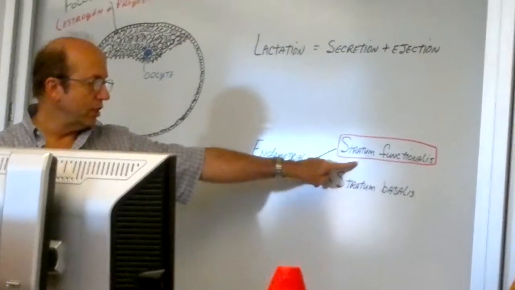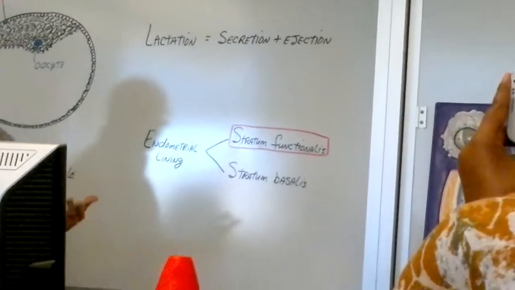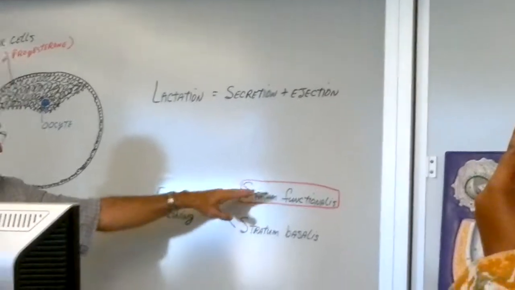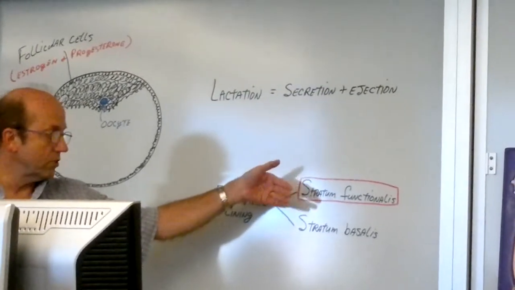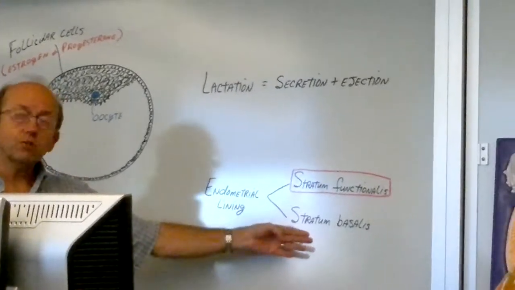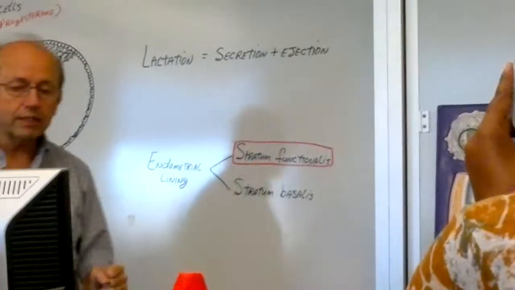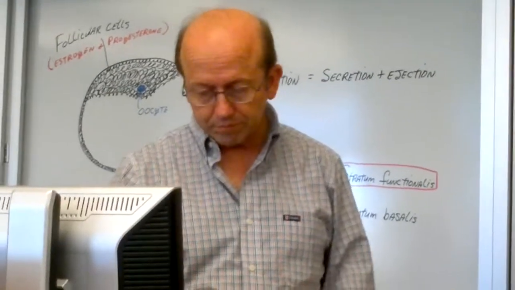And that's where the egg should implant, the stratum functionalis. If nothing happens, that, I circled it in red, is sloughed off in the menstrual flow. So that layer of cells, the stratum functionalis, is lost. And then the stratum basalis builds a new one up the next month. So it keeps a fresh lining on the inside of the uterus for implantation of a fertilized egg.